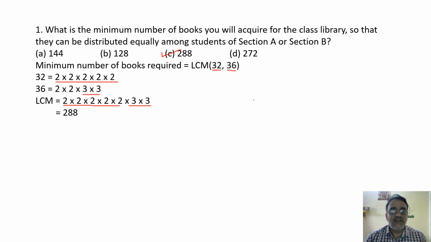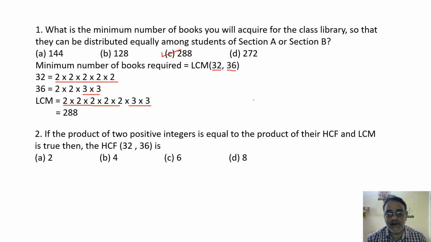C. Right. Now the next question, if the product of two positive integers is equal to the product of their HCF and LCM is true, then HCF of 32 and 36 is. So already we have the prime factorization here, right?